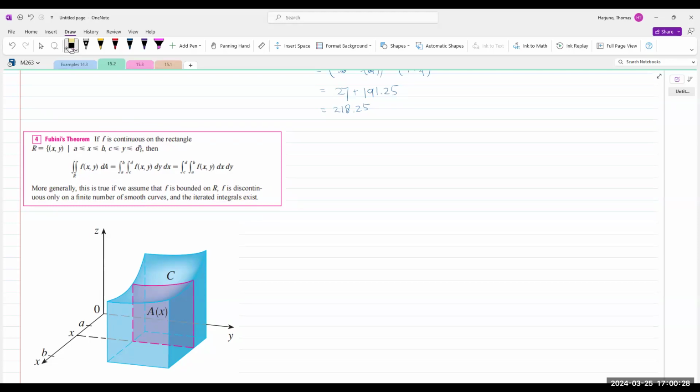Now, don't forget this: I'm basically telling you one new technique of integration. The technique of integration is to reverse the order of integration.